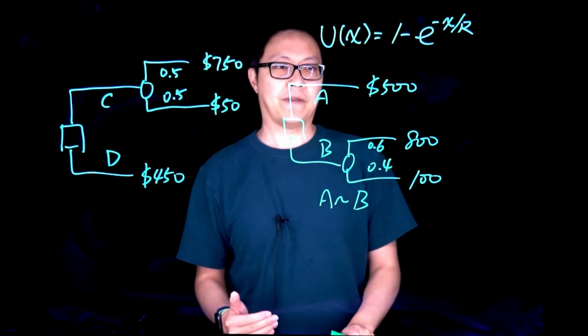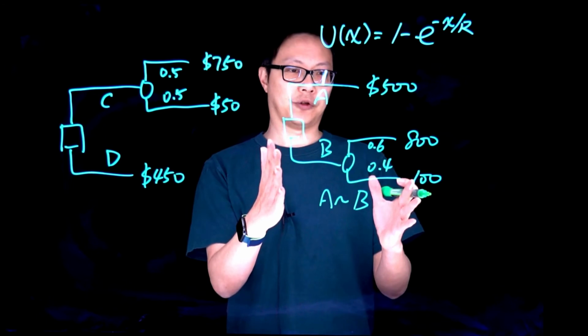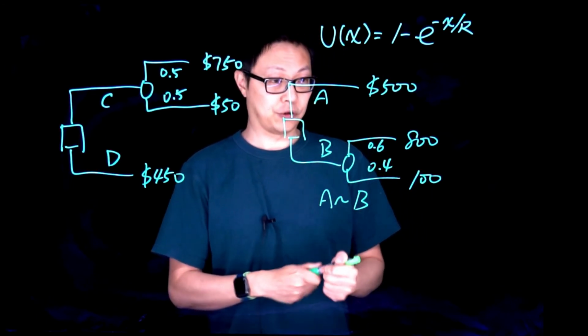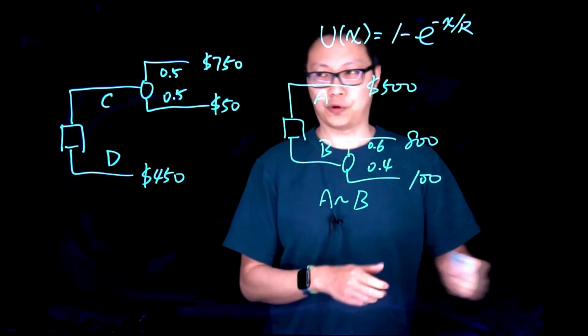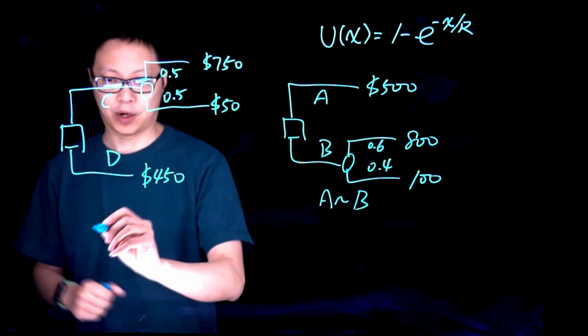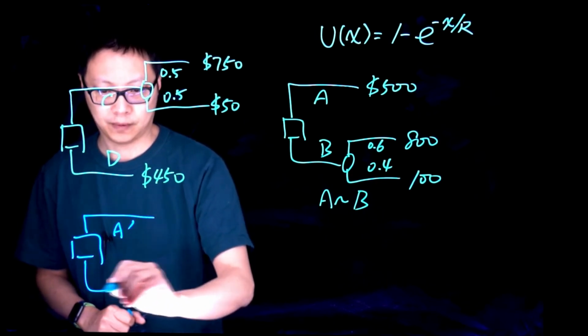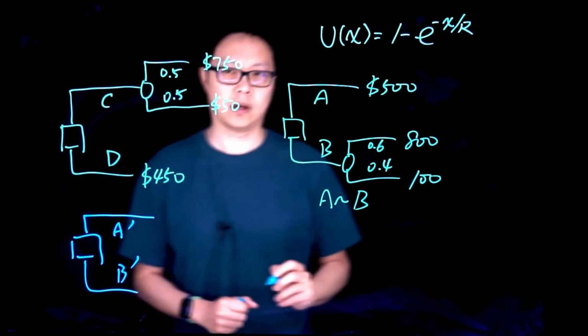So what I found out is that, suppose the decision maker is indifferent between A and B, then the decision maker should be indifferent between, let's call them A prime and B prime, as well. So that's a tree, A prime, B prime.